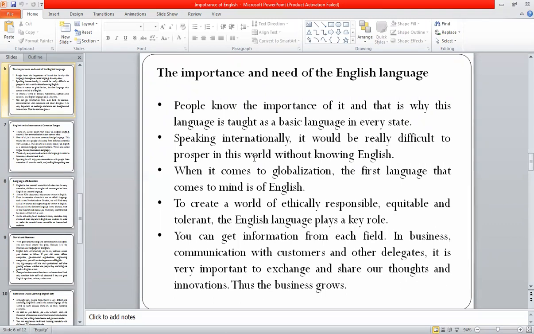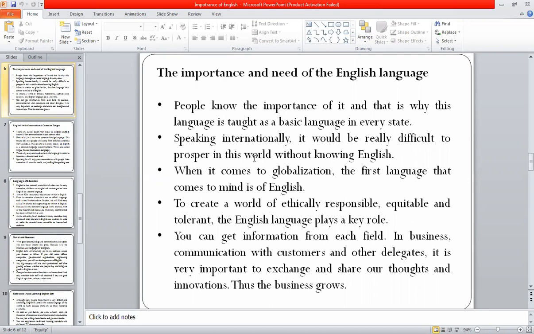They haven't influenced the world, but the English language has influence over all of the world. So that's why it is important to learn this language.